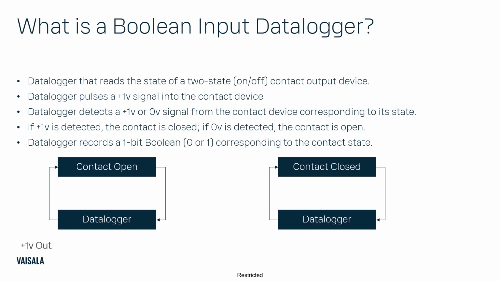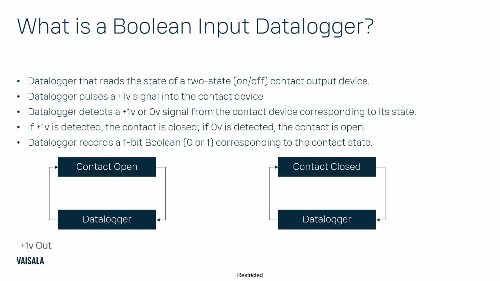And the data logger records a 1-bit Boolean, which is either a 1 or a 0, corresponding to the contact state. So essentially, the data logger is taking the voltage signal that's received and turning it into an on-off signal, a 1-0 in the software.